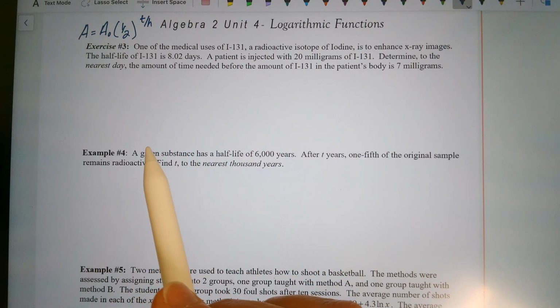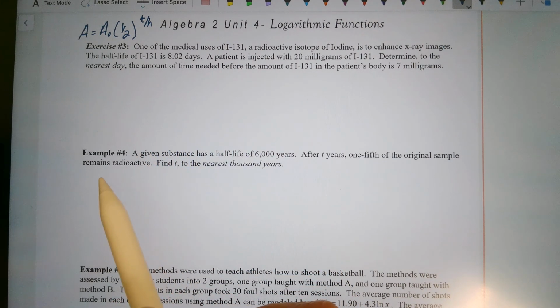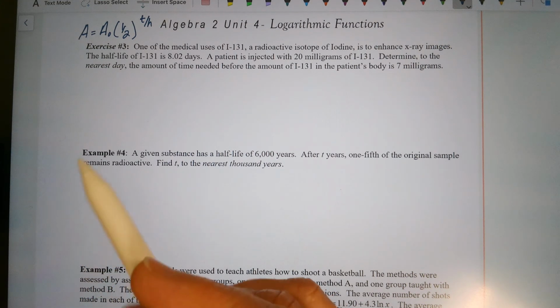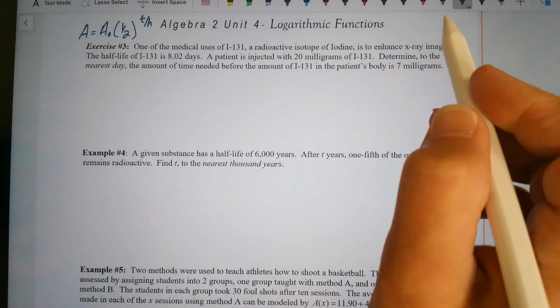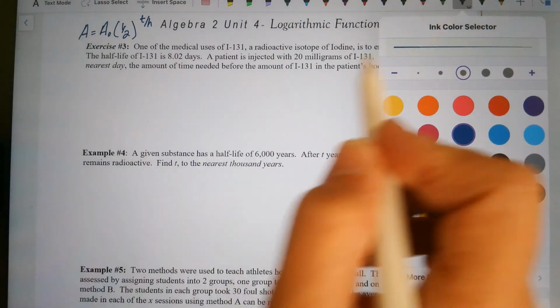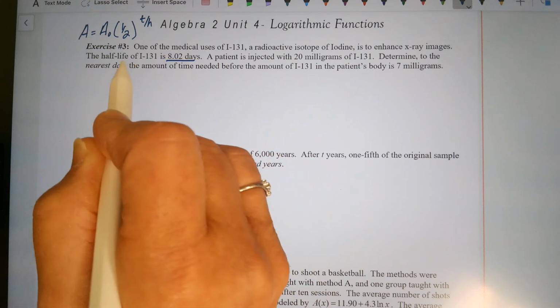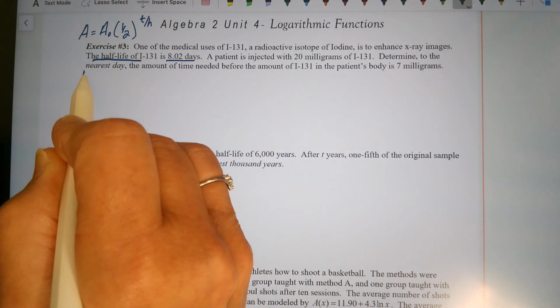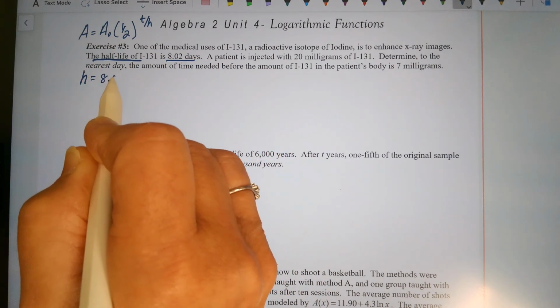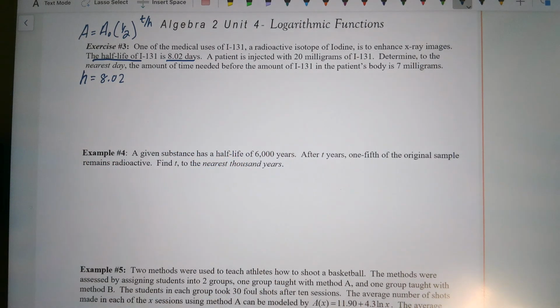One of the medical uses of I-131, a radioactive isotope of iodine, is to enhance X-ray images. The half-life, lowercase h, is 8.02 days. A patient is injected with 20 milligrams.